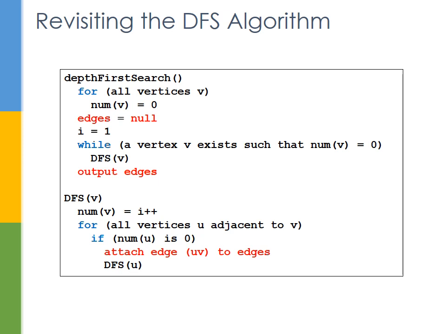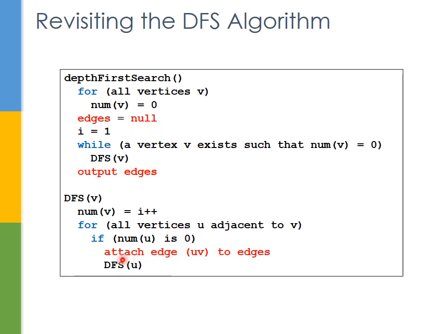So essentially the operation of the depth-first search for a graph works by iterating over all of the vertices within the graph. And then for each of these vertices, we then iterate through all of the vertices that are adjacent to that vertex. Now, what's important to understand here is we have this data structure called edges, which is initially empty.